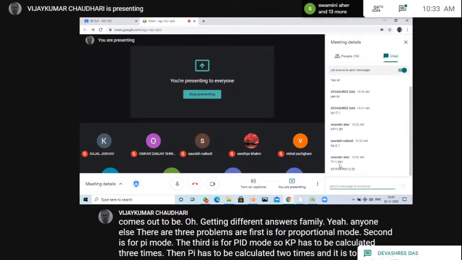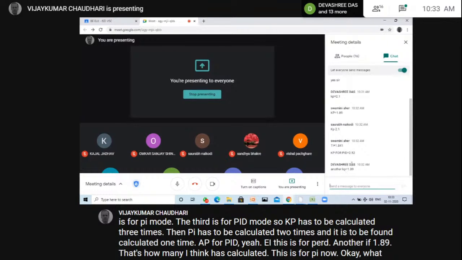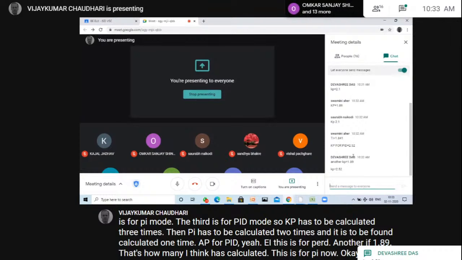Kp for PID, or is this for PI? Another Kp 1.89. That's Swamini I think has calculated. This is for PI, no? Okay. What about PID? Achha, PID Swamini has calculated 2.52. Okay.